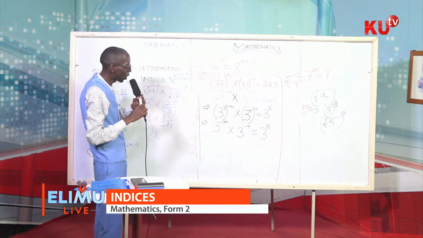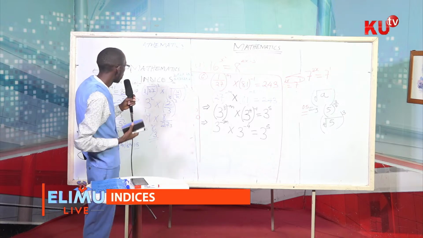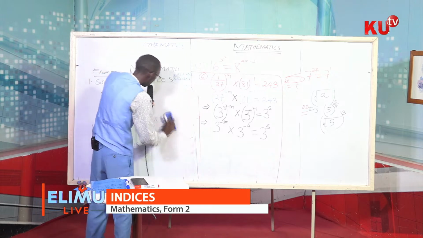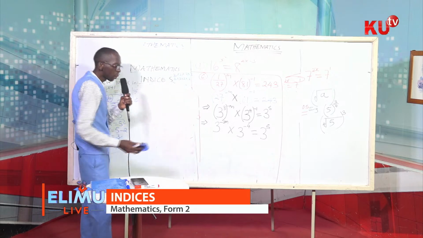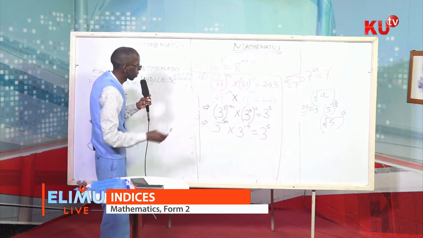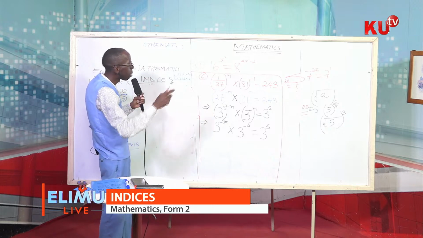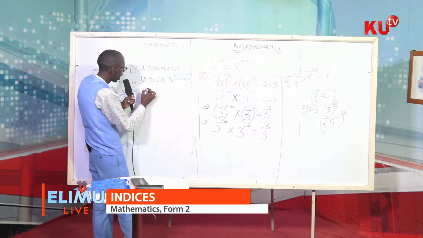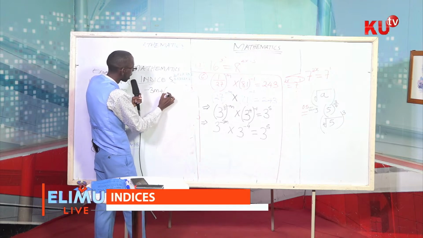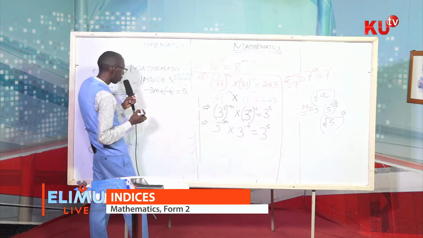My dear students, all the bases are the same. If the bases are the same, and we have a multiplication sign, we add the powers. Drop the bases and add the powers. So we'll have negative 3m plus negative 4 is equal to 5.